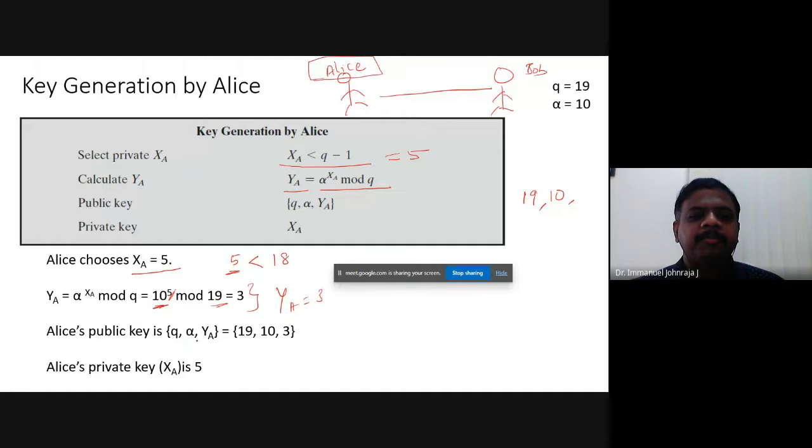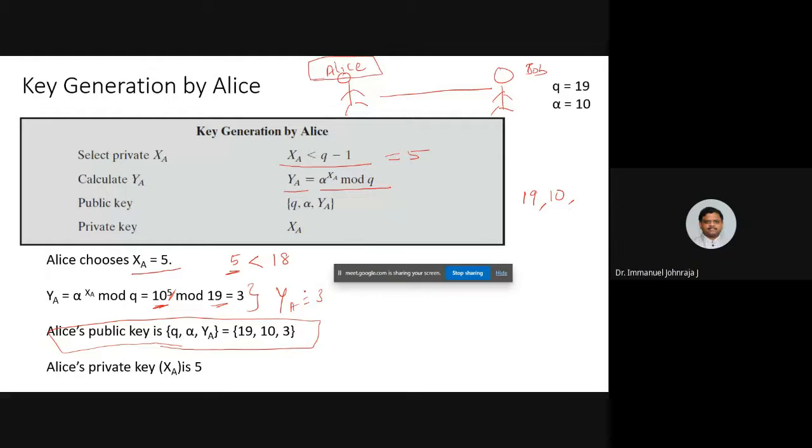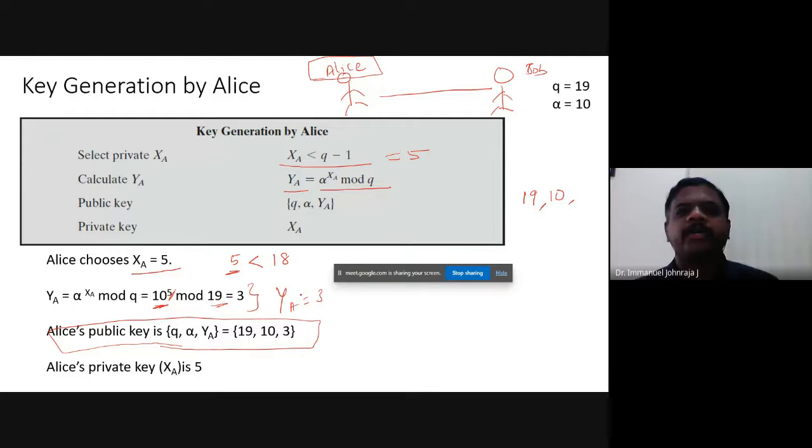Now her public key is q, alpha, y_A. This combination you should remember. So the public key is q, alpha and y_A. In our Diffie-Hellman key exchange, if you remember, the public key was only y_A. Then it was exchanged to find the value of the key. If you recall our past algorithm, the public key was the value e as well as n, where n was p multiplied by q.